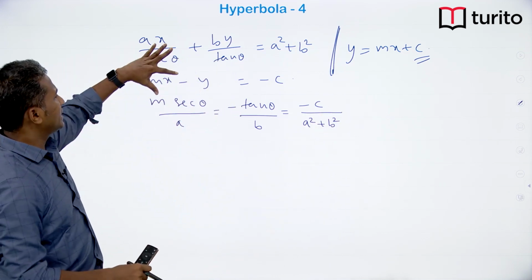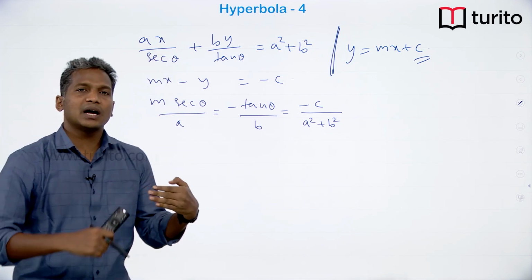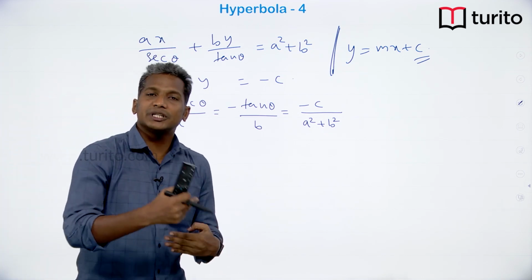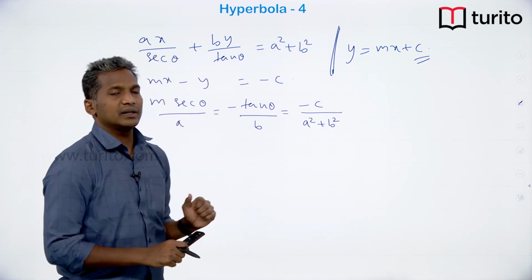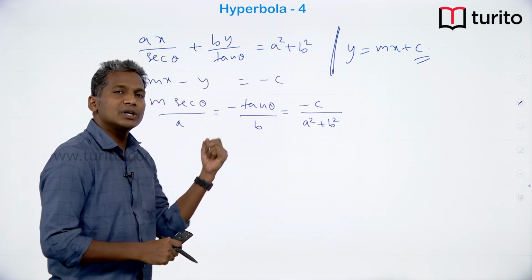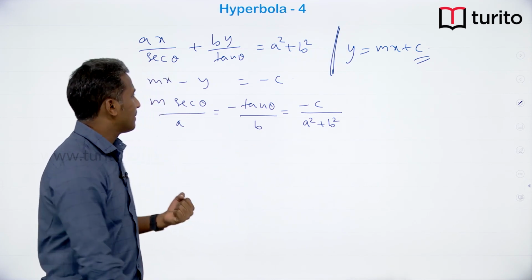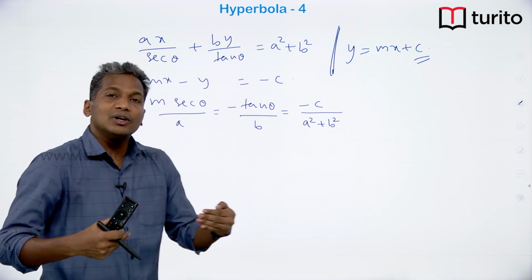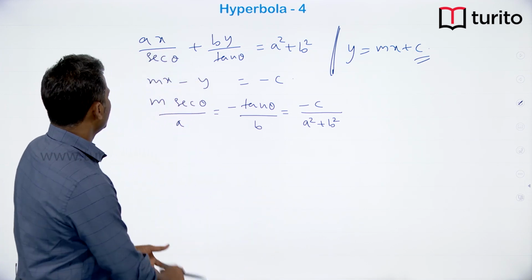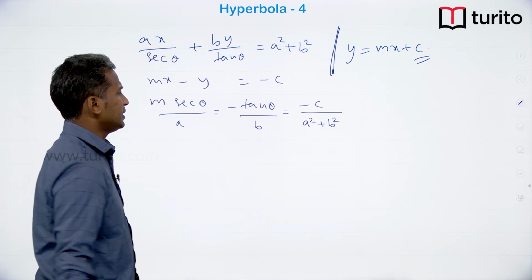This I got by directly comparing these two. That means I have just applied the proportionality idea. Now, further what am I interested in? Am I interested in m or c? I am interested in c. So, what is the best way of getting c? To get c, we need to eliminate theta also.